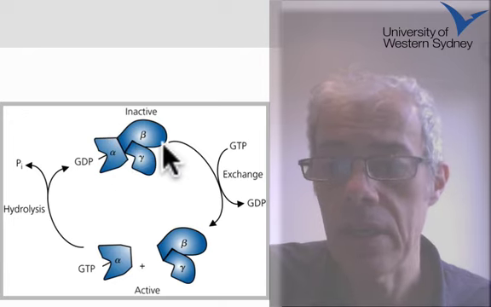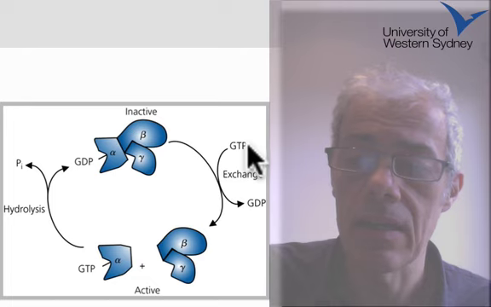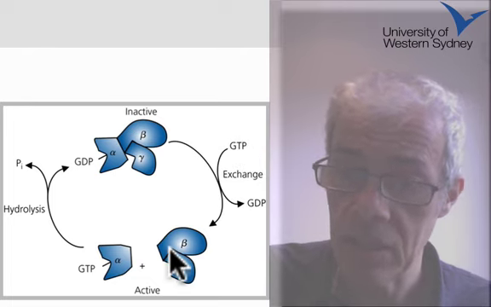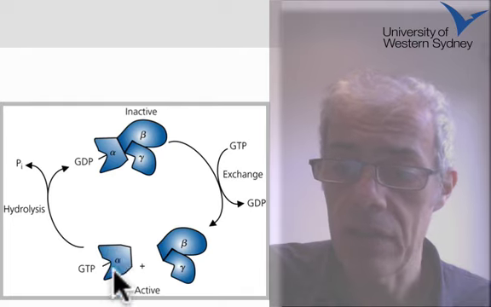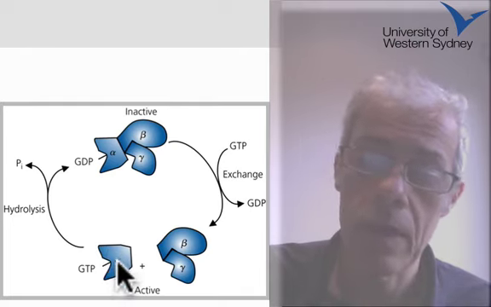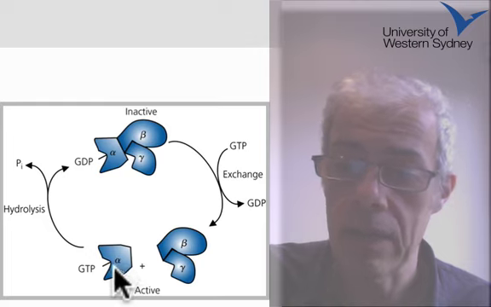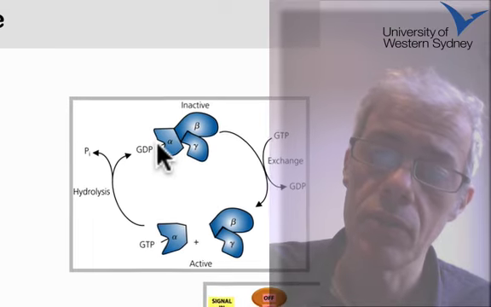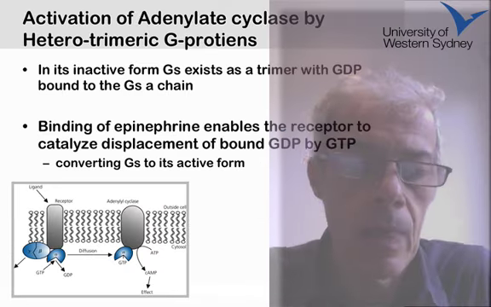The GDP leaves, and the GTP is exchanged, which leads to the formation of the active form of the alpha subunit, and then the weak GTPase activity of this subunit can cause hydrolysis back to GDP.